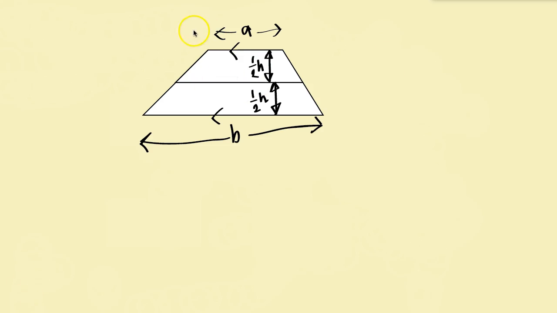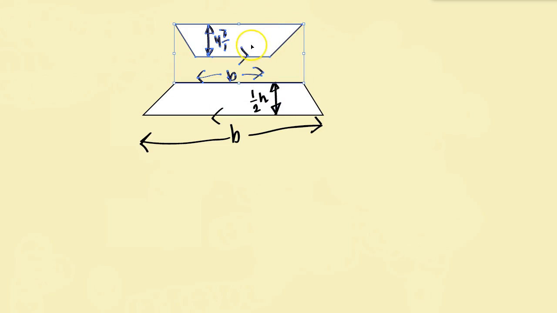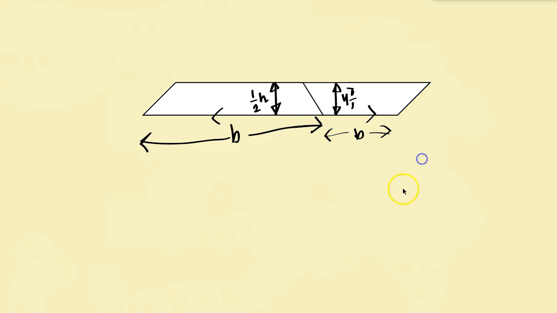I'm going to rearrange these two pieces so that I can better figure out what the area is. So I'm going to take this top part and I'm going to spin it upside down, and then I'm going to bring it over to here. So obviously all my writing is upside down now, I'll just correct that. There we go.